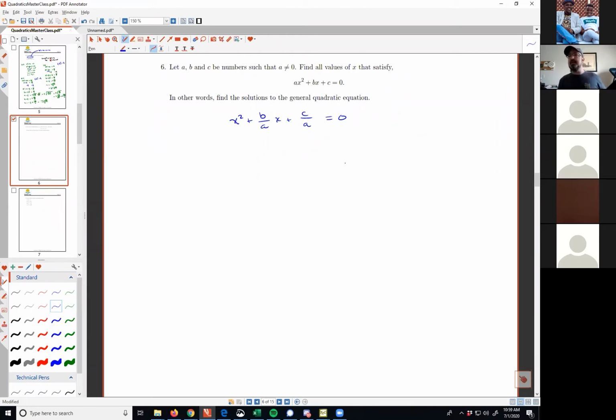And I'm going to prepare us to complete the square. Completing the square involves focusing in on an x squared term and the linear term, the x term. So I'm going to take that c over a and move it to the other side for now, just so that it's not getting in the way of our thinking. So we want to complete the square of x squared plus b over a x.